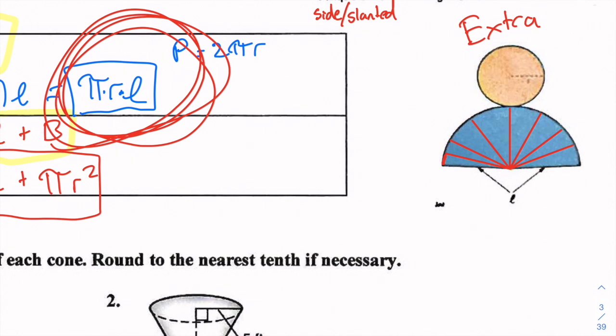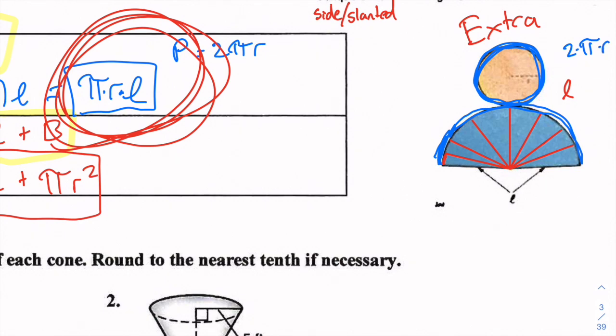So ideally, this is just a whole bunch of triangles put together, right? So everything in red is my slant height. In blue here, what would blue be? It is the circumference, right? So the circumference is what? 2 pi r. Okay.